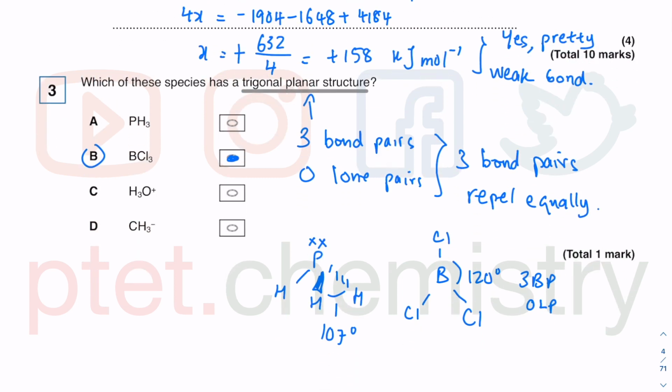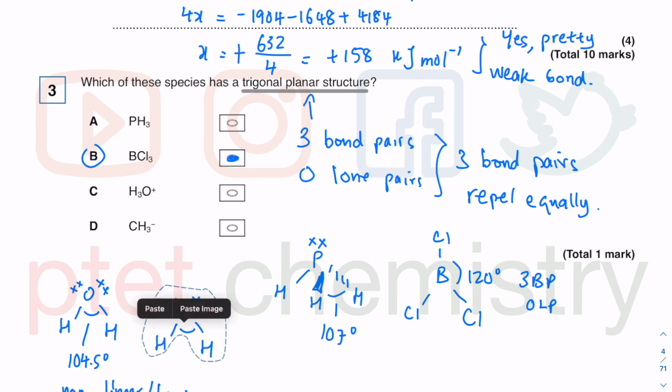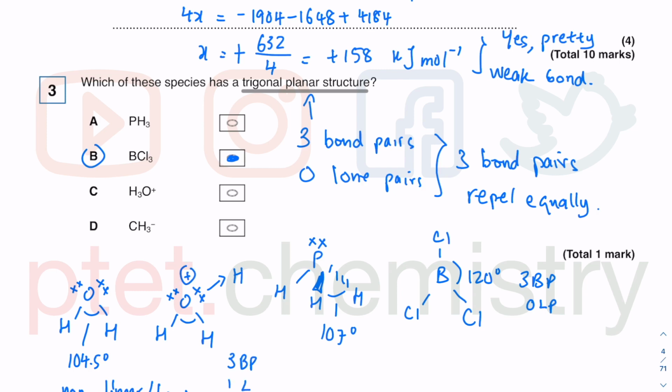In terms of H3O+, this starts as water. Water has 2 bond pairs and 2 lone pairs. Originally, it will be 104.5 degrees. This is called nonlinear, or you can call it bent or V-shaped geometry. In terms of dative covalent bonding, you can use one of the lone pairs to form a dative covalent bond to the hydrogen ion, such that now you have 3 bond pairs and 1 lone pair.